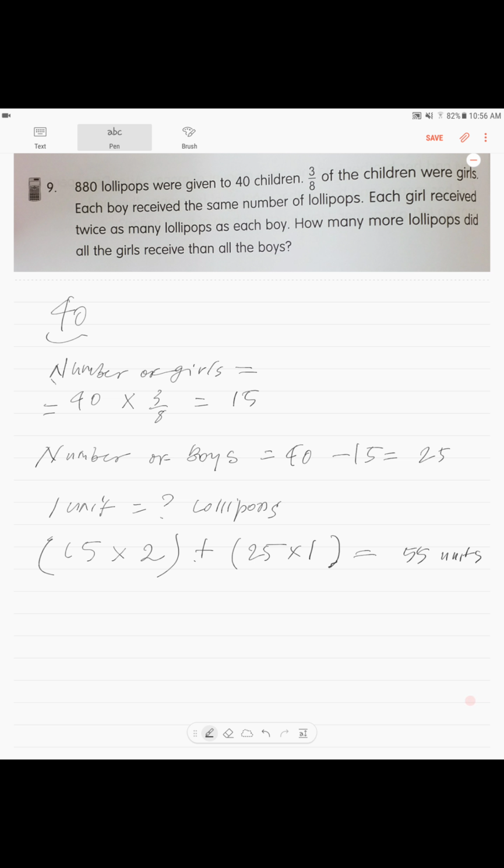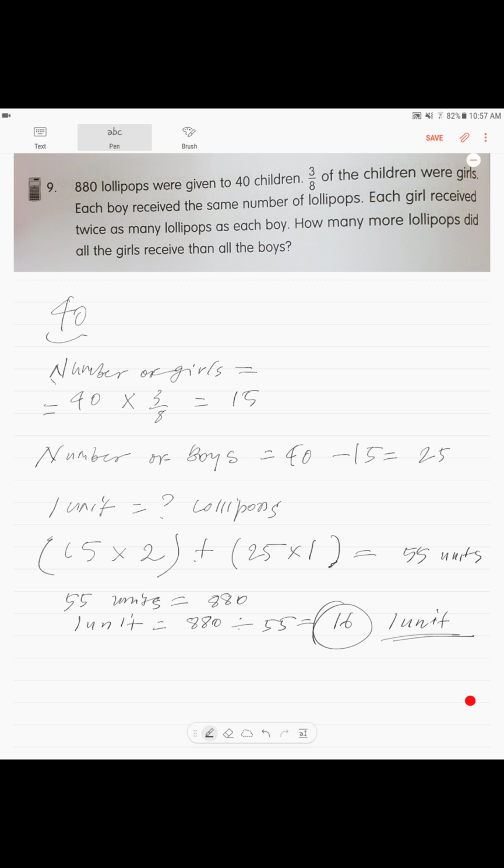Now, if we have 55 units, and this is 880 lollipops total, how much is 1 unit? Clearly, 880 divided by 55, and it becomes 16. This is our 1 unit of lollipops.